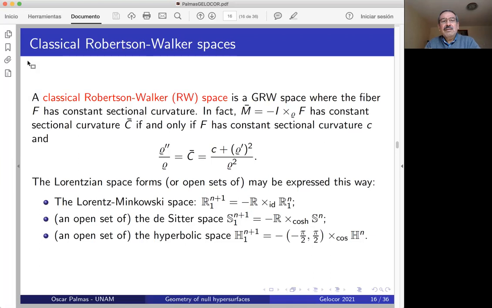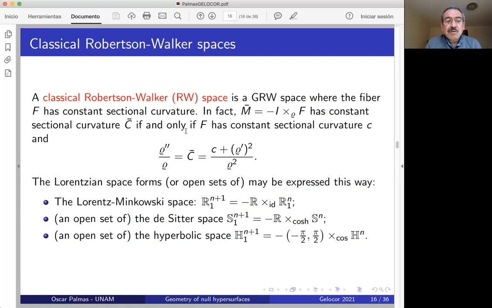We also recall that a classical Robertson-Walker space is a generalized Robertson-Walker space such that the fiber F has constant sectional curvature. And in particular, this happens if and only if M bar also has constant sectional curvature, and these curvatures are related in this way by means of the warping function.